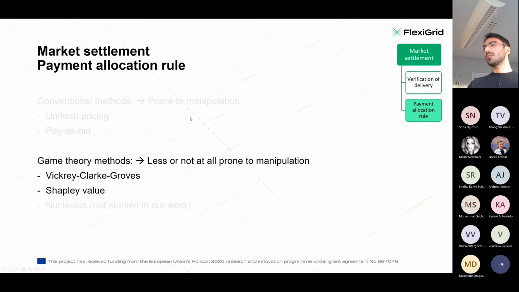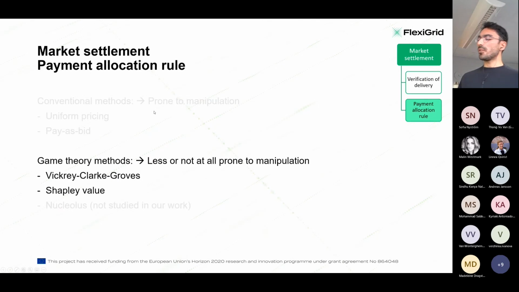But there are also other allocation methods that I will not get into deeply, from mechanism design in economics and from cooperative game theory. They are less prone to manipulation, or strategy-proof, like Vickrey-Clarke-Groves mechanisms. There is another name for this, pivotal mechanisms, you might have heard about.